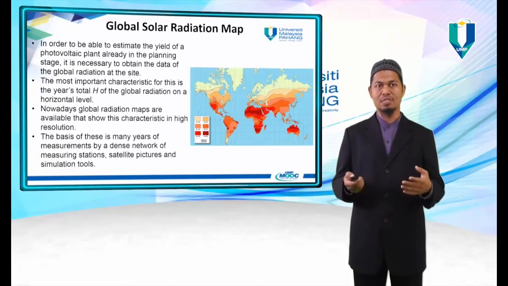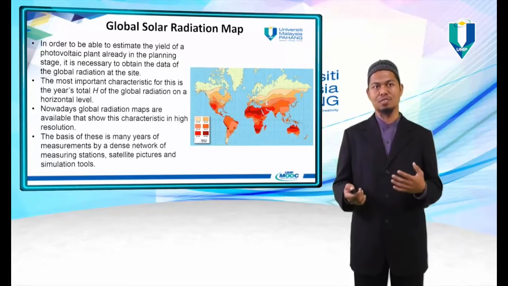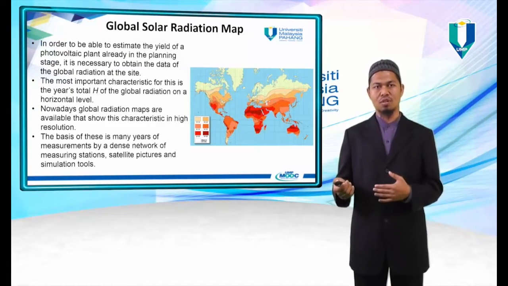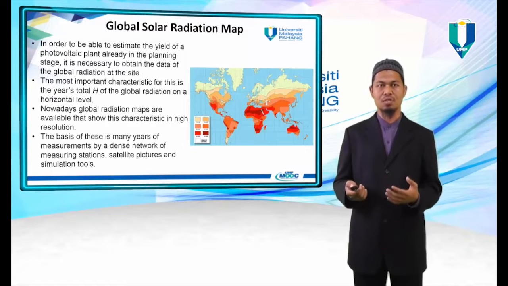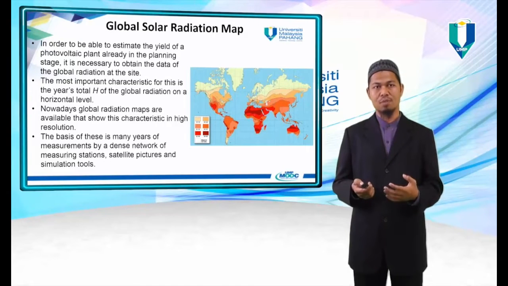The basis of this is many years of measurement by a dense network of measuring stations, satellite pictures, and simulation tools. Another option is to use a weather station, or get solar radiation data from our local meteorology department.